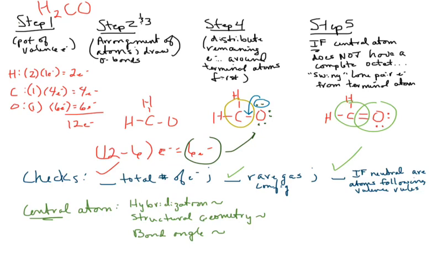It's sp2 orbital hybridized, and then the other things kind of fall into place. The structural geometry is trigonal planar. And of course, the bond angle associated with that is 120 degrees. So go ahead and make this and see if you can see this last part around that central carbon atom.